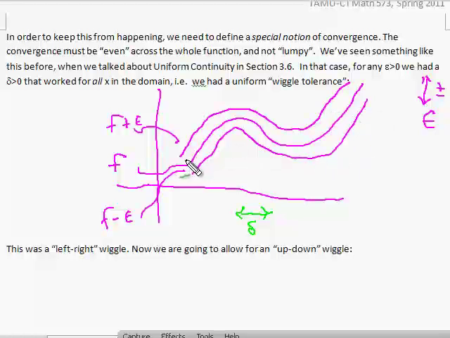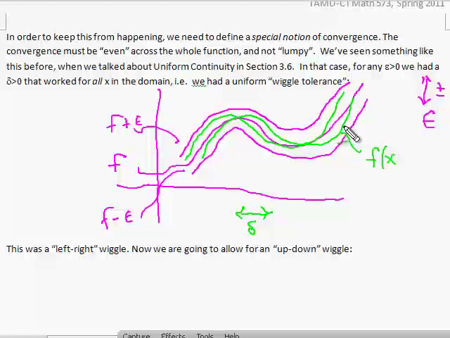So here's the left function. That's f minus delta, and then this would be f of x plus delta, and here would be f of x minus delta. Okay. So this one here is going to be f of x. Let me see if I got it right.